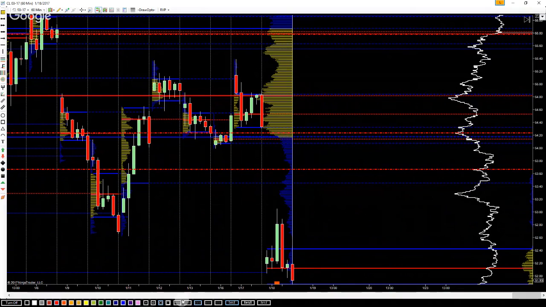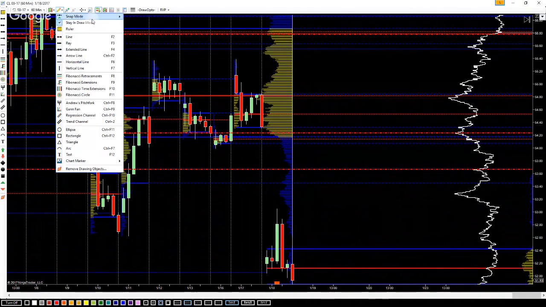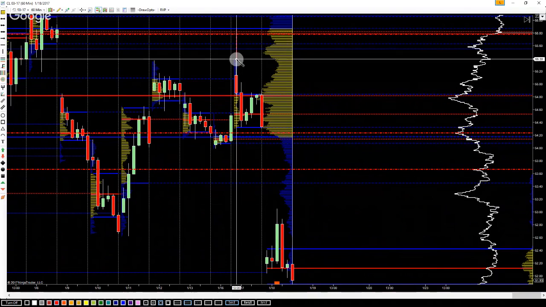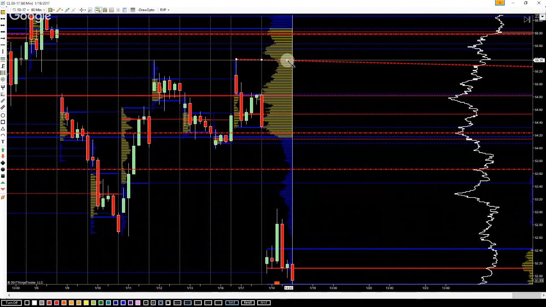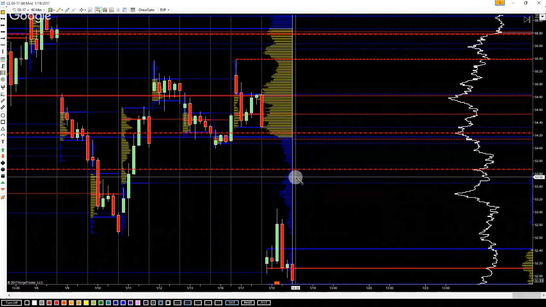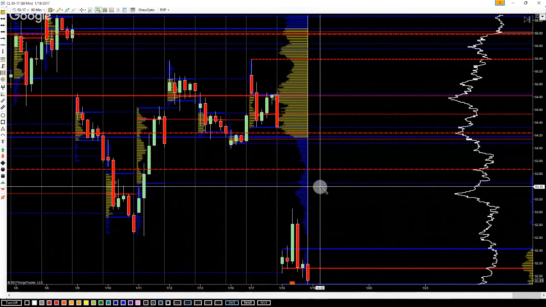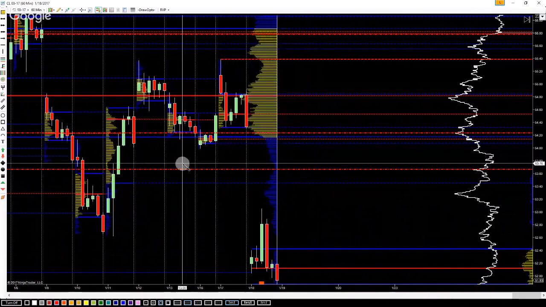So swing highs are going to be dashes. And it's going to be array. Let me just see what that shortcut is, F3. Okay. And we're going to take it from here. Stretch that out across. So there's one swing. Here's another swing here.